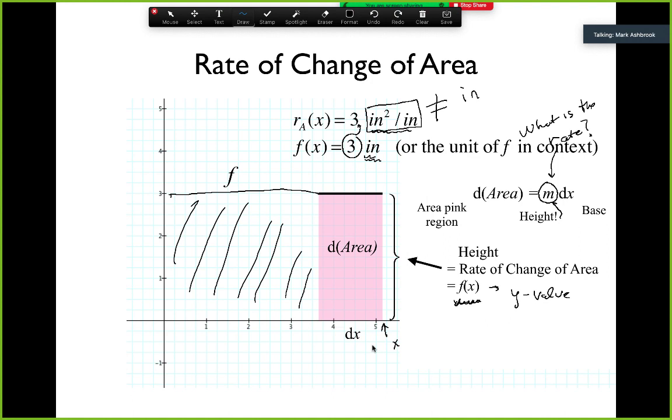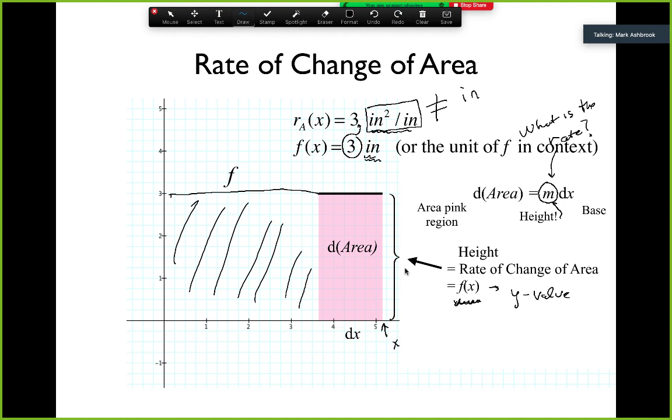So the whole thing was, if we want to rate area accumulation, go ahead. Could you repeat what you just said about relating the function back to the rate? Did you understand that the height of this rectangle is the rate of change, first of all? Yes, sir.